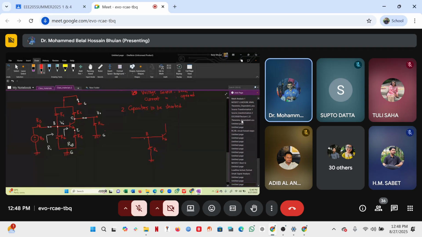So R1 and R2 in parallel, and then the rest of the circuit should be connected as it is. That is our RS, the signal source.